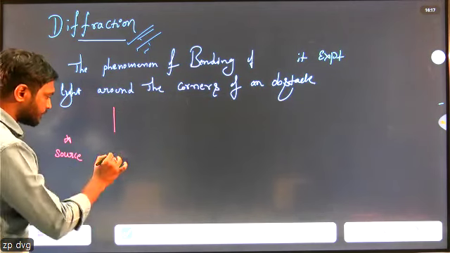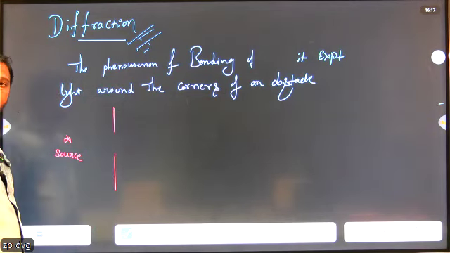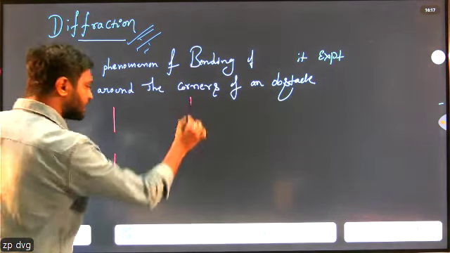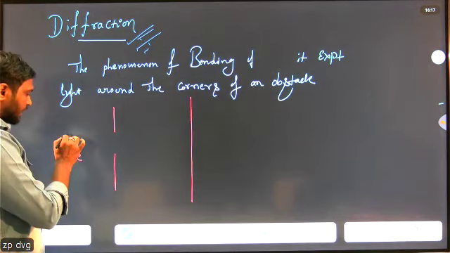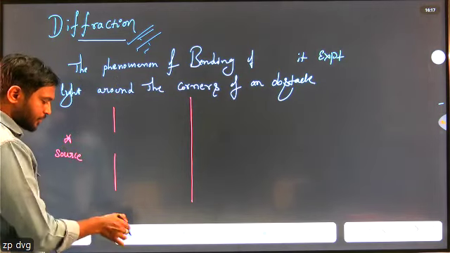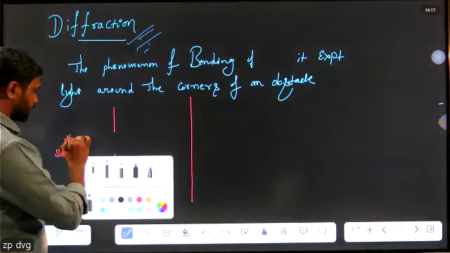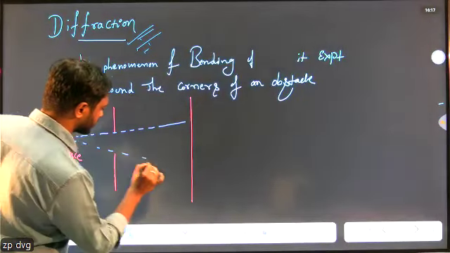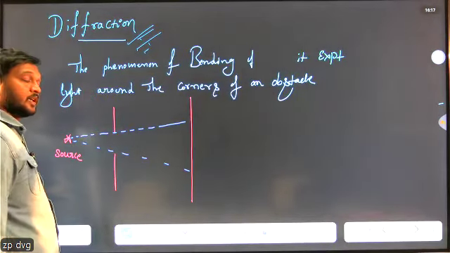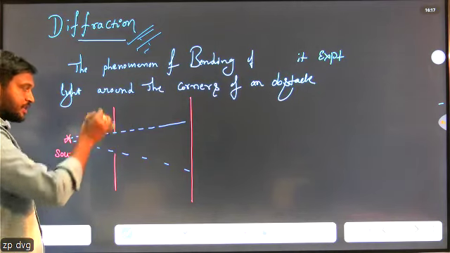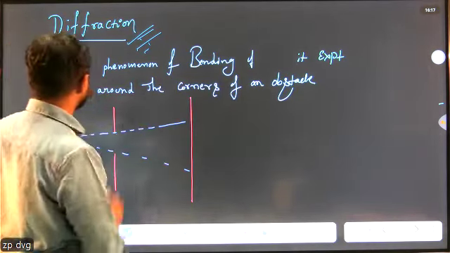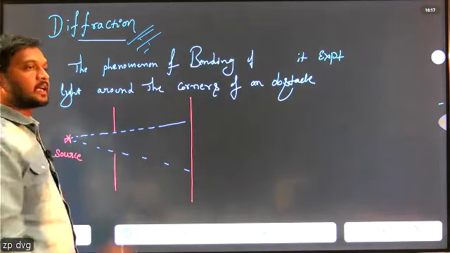There is a small slit of width a, and this is a screen. According to this, light moves straight like this. But when there is an obstacle, there is bending of light around the corners of the obstacle.